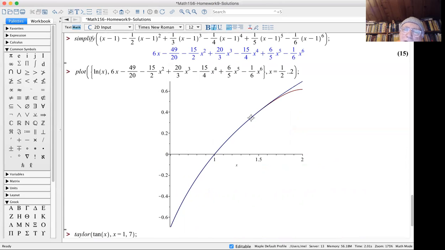So one is log x and one is this polynomial. And again, close to 1, you see how close they are to each other. You just can't tell them apart. These are fantastically good approximations.